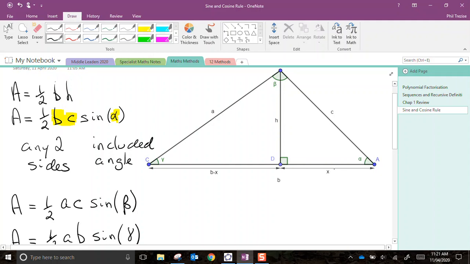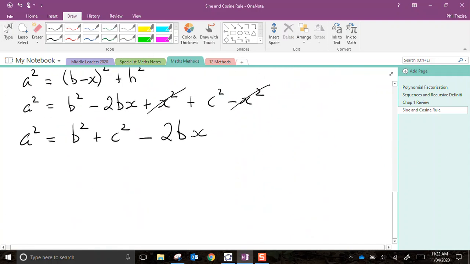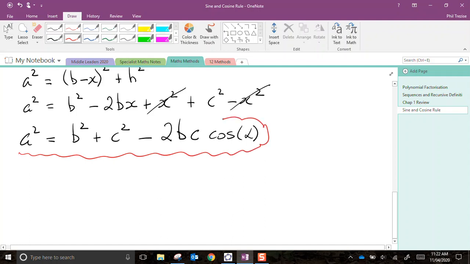Cosine of alpha would equal x over c. x should equal c cosine alpha. Let's replace that. And that is the cosine rule.